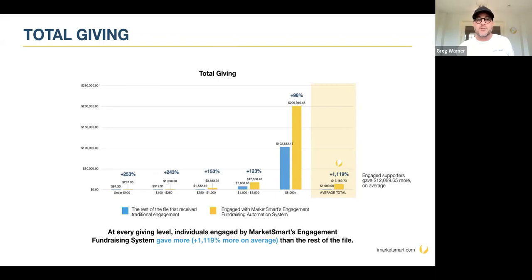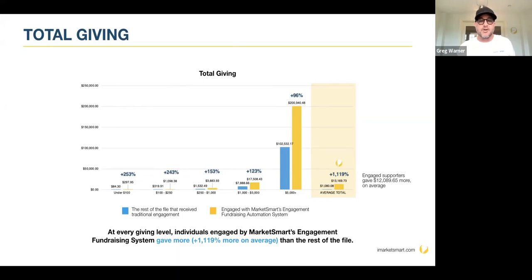Now, the percentage of increase was much greater for low dollar donors. So this works for low dollar donations and mid-level as well. It increases the giving among those donors. The percentage is not as high for major donors, but the dollar amount clearly is.